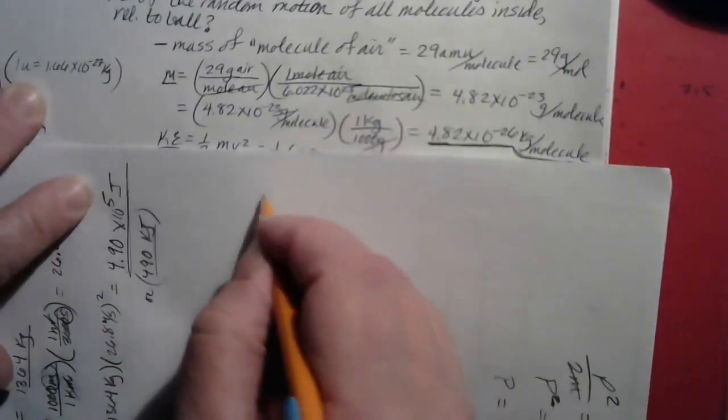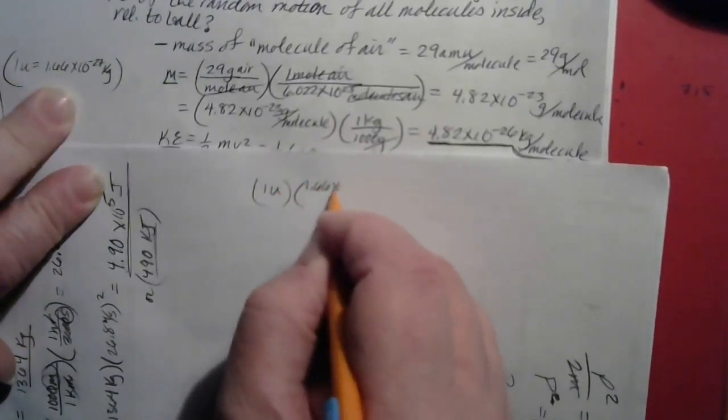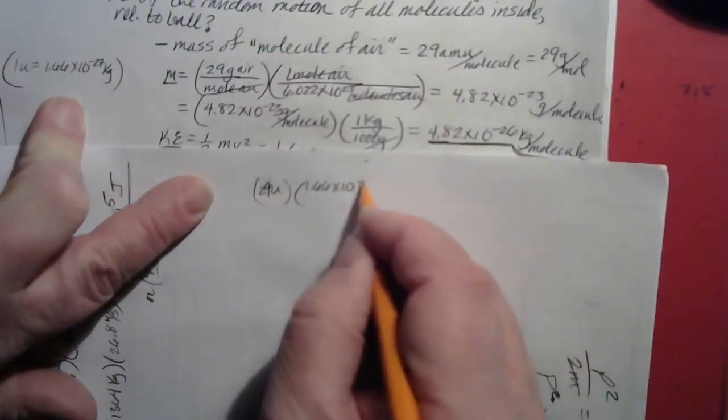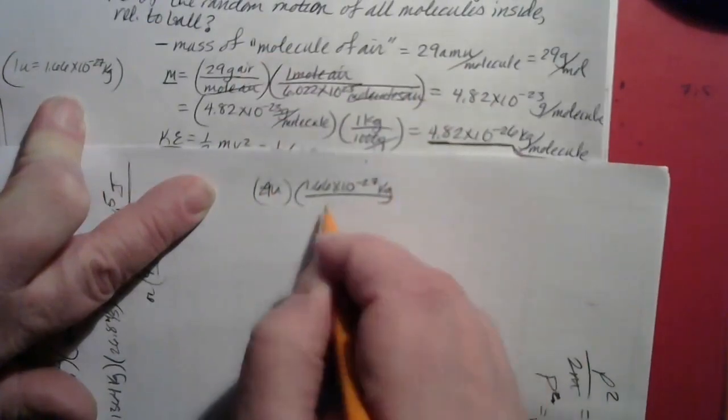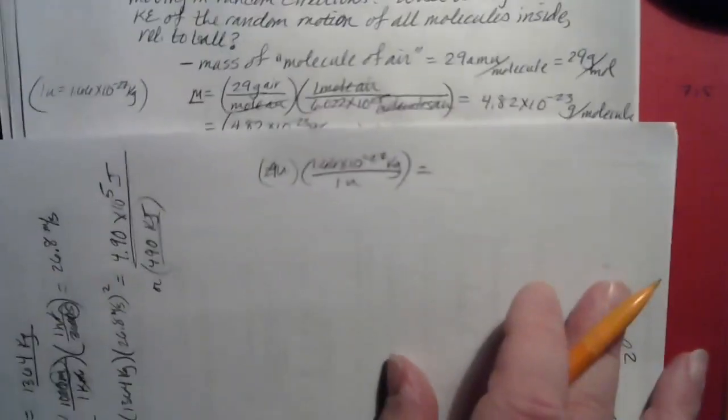Actually, I will go into detail on using the conversion factor. Once you know that one atomic mass unit is equal to 1.66 times 10 to the minus 27 kilograms, it's just a matter of multiplying that by the number of atomic mass units you've got.